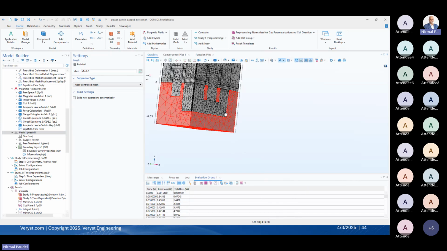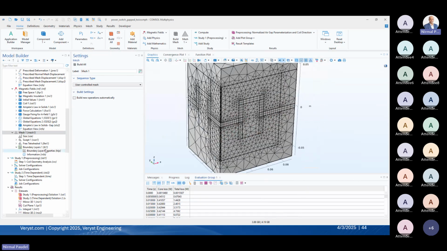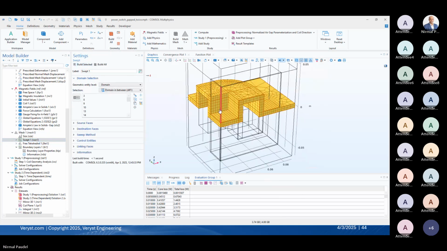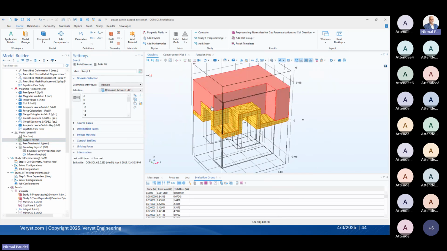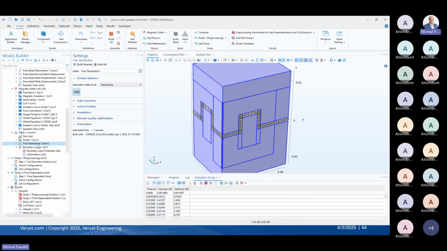Given that the core is also conducting, we start the sweep mesh on this region here. There is a reason for this, because we want this as a moving mesh feature, a deform region. So we want a uniform sweep mesh so that it can squeeze, contract, or expand whenever needed.